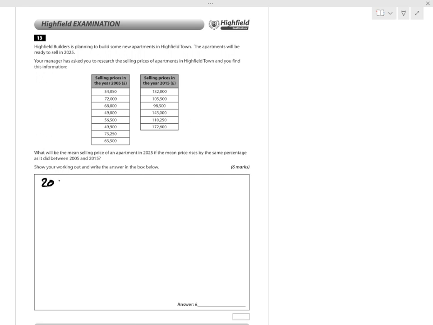So the 2005 mean and the 2015 mean. Okay, so we're going to add them all up together and divide by how many there are.